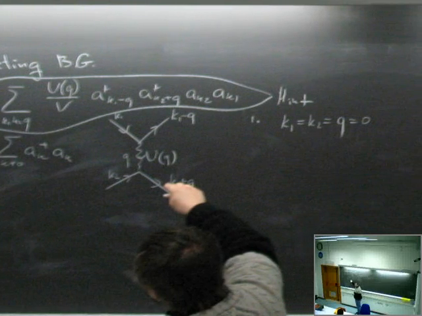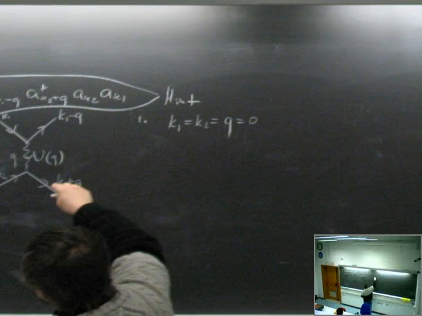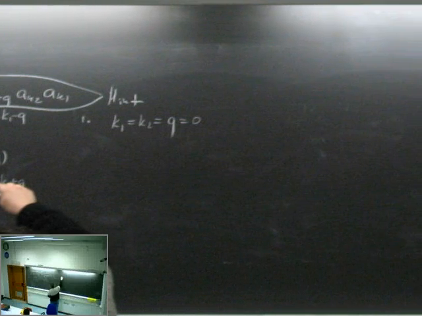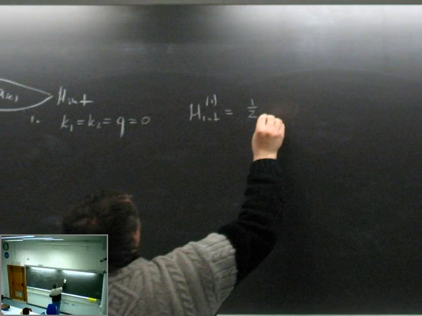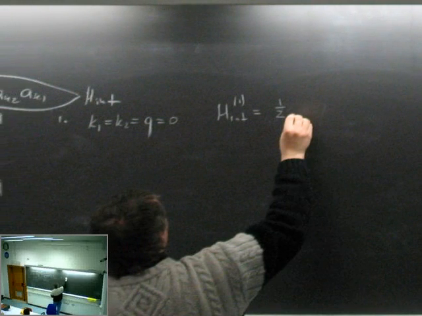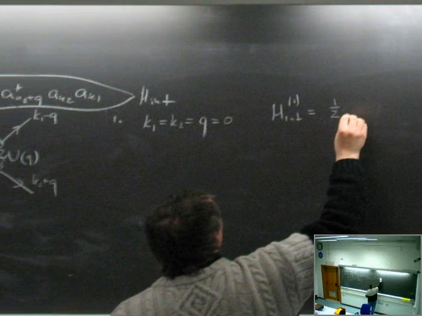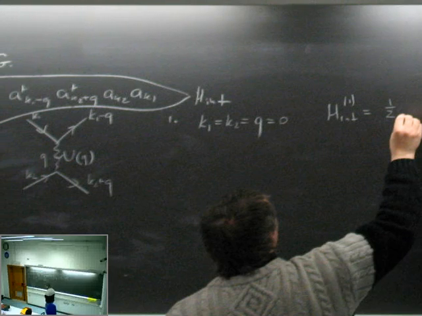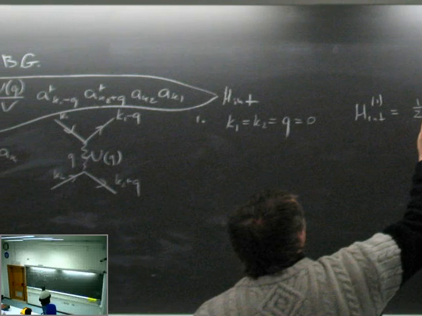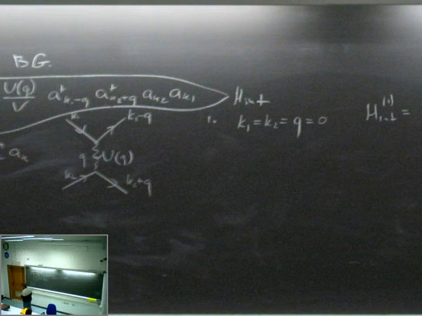Each of them is of the order of square root of n naught, and therefore H interaction 1 is equal to 1/2 U naught over V times n naught squared. And this is the only process which involves both particles and the condensate.